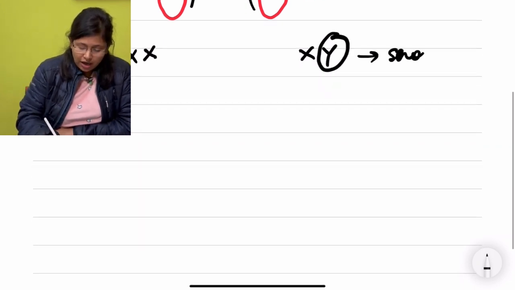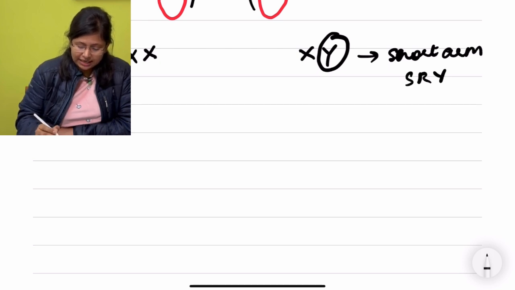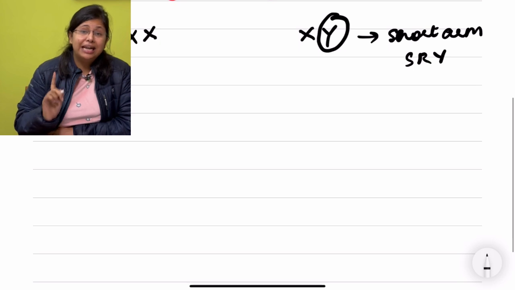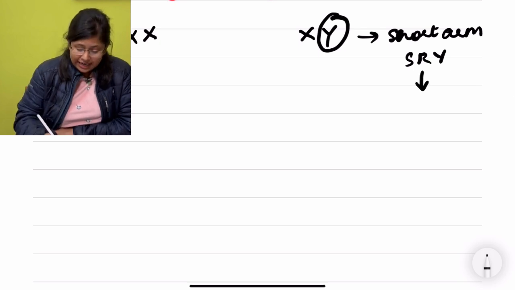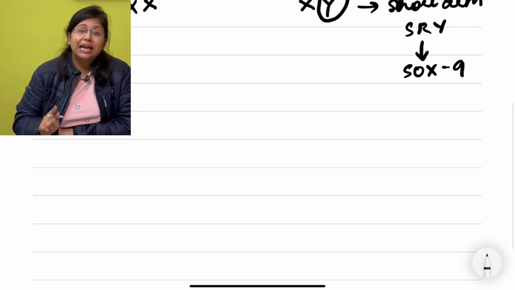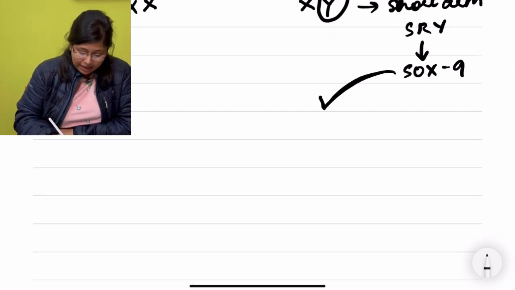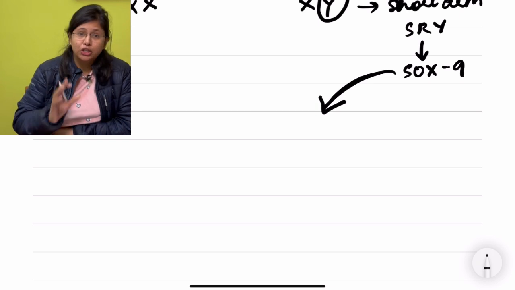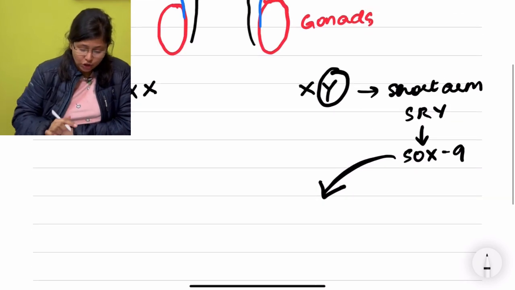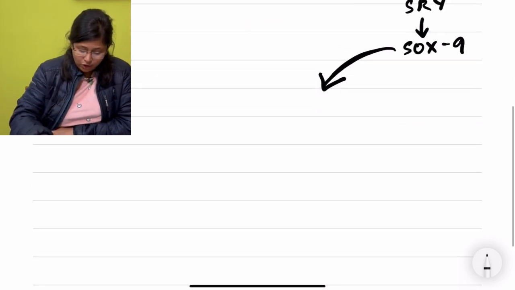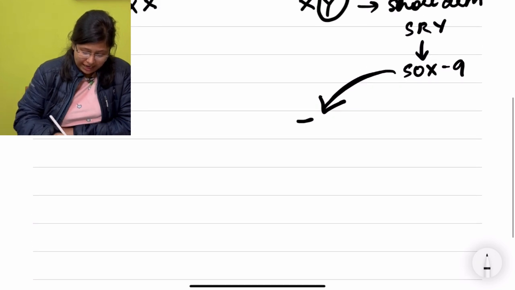On its short arm, the Y chromosome has a gene called the SRY gene. What this SRY gene does is very important. It encodes for a protein called SOX9. What this SOX9 protein does is cause the differentiation of the gonad into the male gonad, which is the testes.